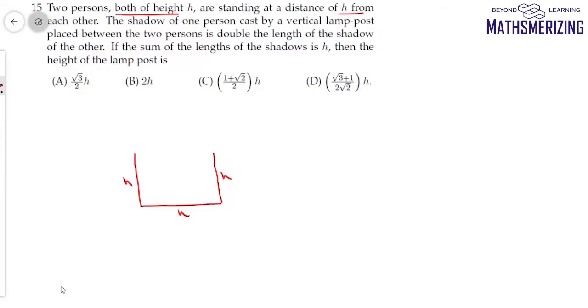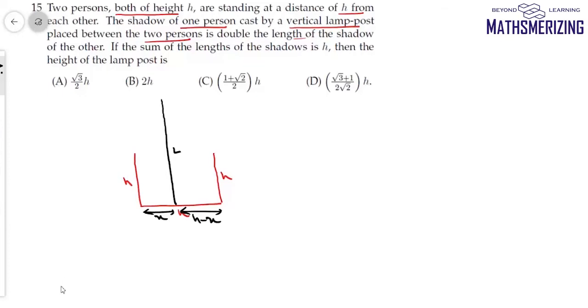Now it says the shadow of one person cast by a vertical lamp post placed between the two persons is double the length of the shadow of the other. So we have this lamp post standing somewhere between these two persons. Suppose the height of this lamp post is L and it is placed at a distance of x from the first person. So this distance will simply be h minus x.